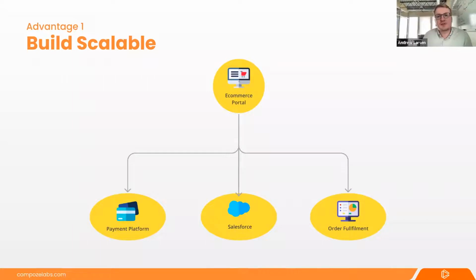Now there's some challenges with this, as Paul was talking about, is what happens when the order fulfillment system needs to change. So that integration now has changed. Well, the e-commerce portal all of a sudden has to care about that. You have to modify your e-commerce site in order to handle the change to the order fulfillment.